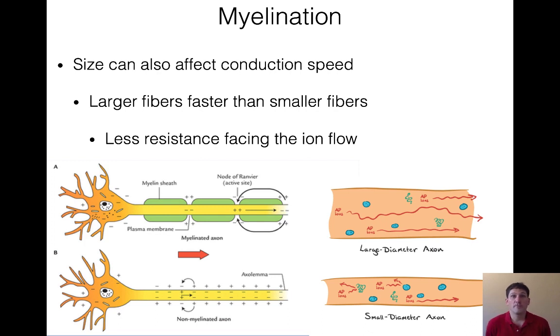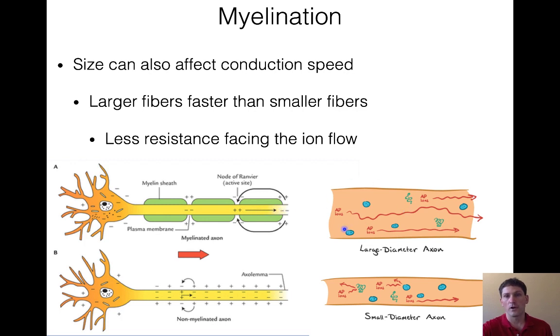Again, just to touch on myelination, the size of the neurons can affect that conduction speed. So the larger the fibers are, and we talked about this before, the faster their signals are going to go than those smaller fibers, because there's less resistance. Remember, sodium is coming in and it has to diffuse down that axon.